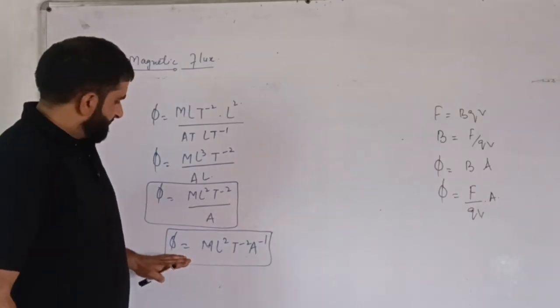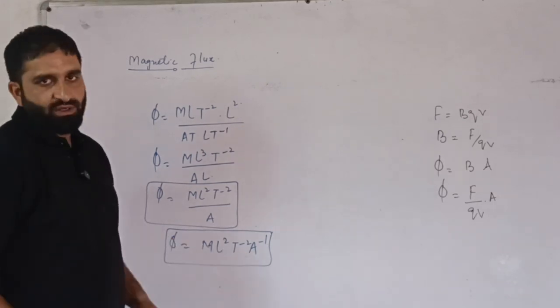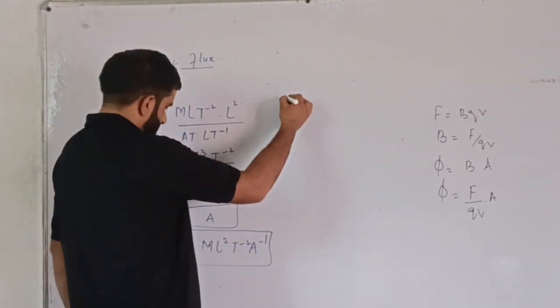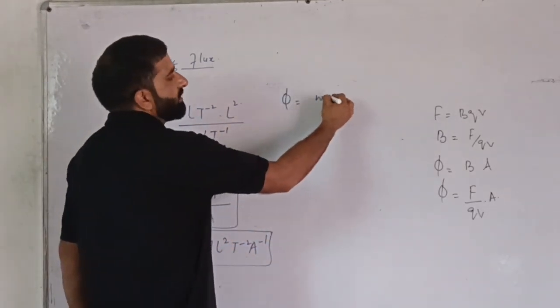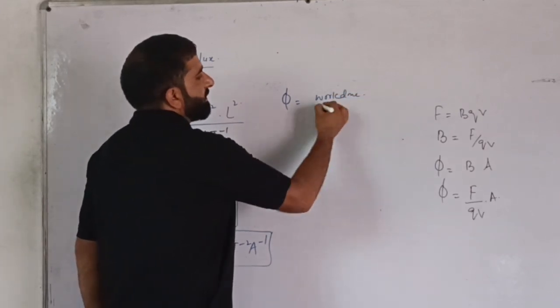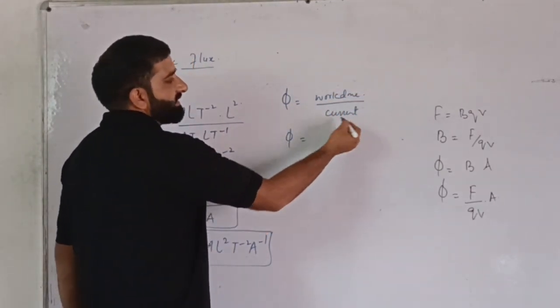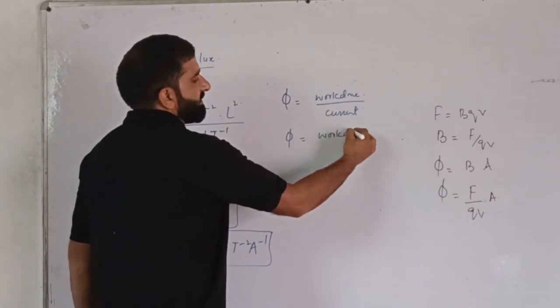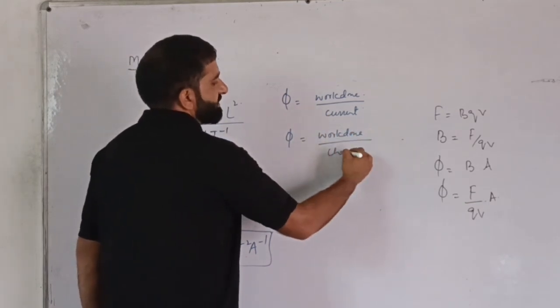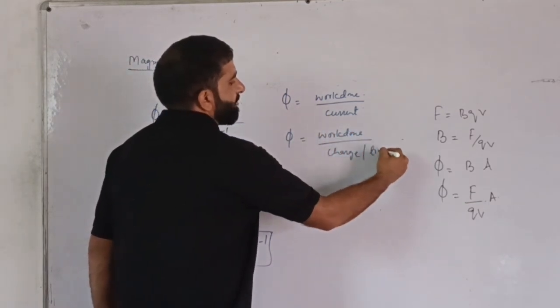From the dimensional formula of phi, ML2 T minus 2 A minus 1, we can have that phi is equal to work done per unit current. And we have that current is charge by time, so we have it as work done per unit charge divided by time.